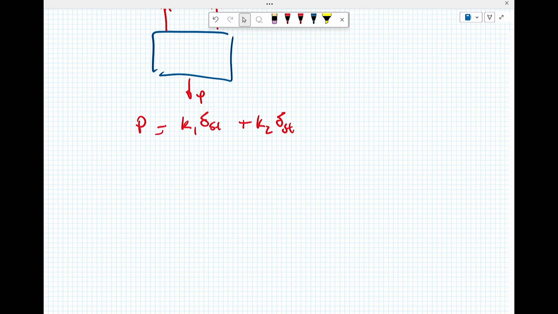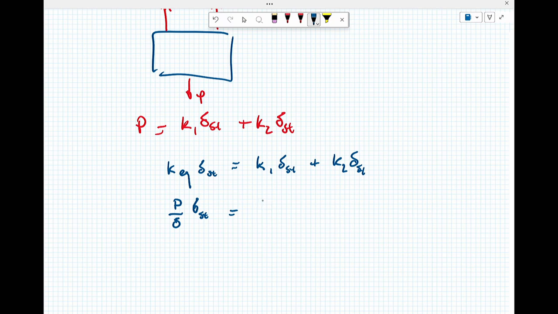So I have both of these undergoing the same force. And what I know is that I can find a K equivalent that has the same displacement as K1 delta static plus K2 delta static. And if that's the case, it's going to be P over delta static.